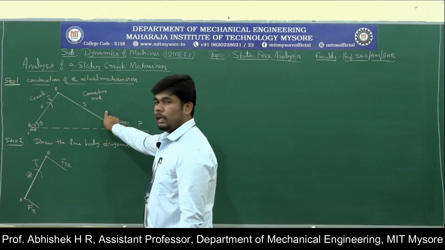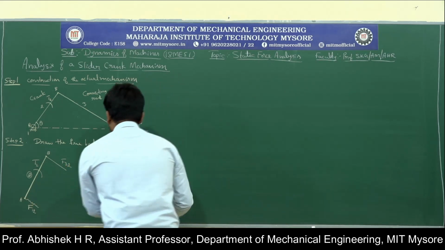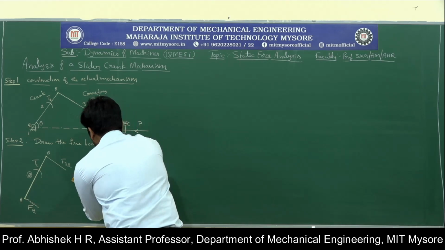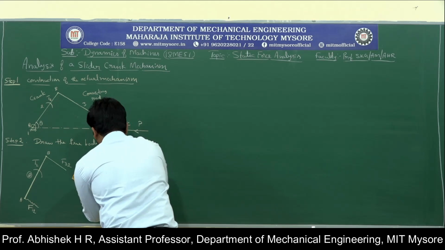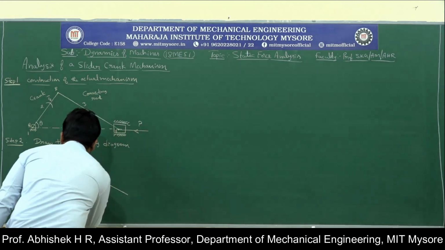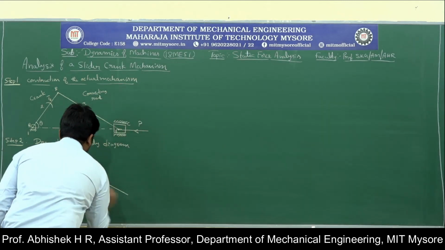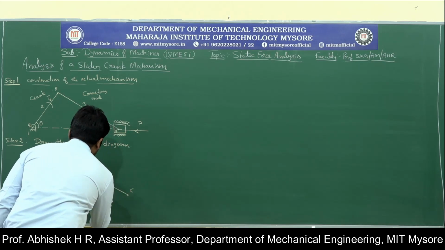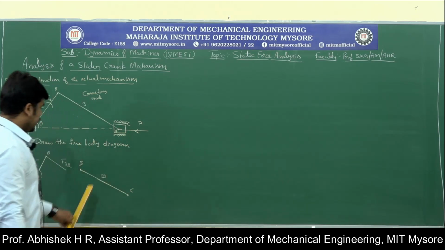Now we have link 3. Here it is B, and here it is C. This is link 3.